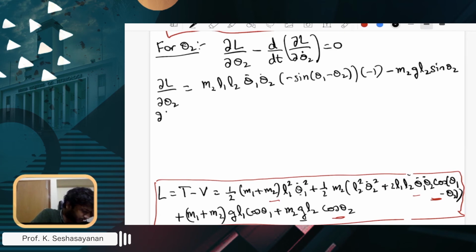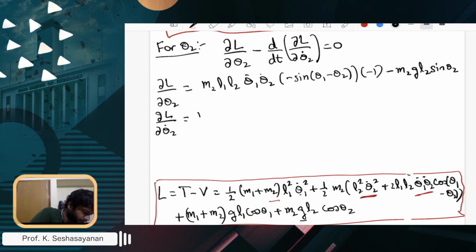Now let's go to partial L over partial theta 2 dot. So here one has to look at the contributions from this term, the theta 2 dot. It's a partial over partial theta 2 dot. We have a contribution from here, and that's it. Two contributions.